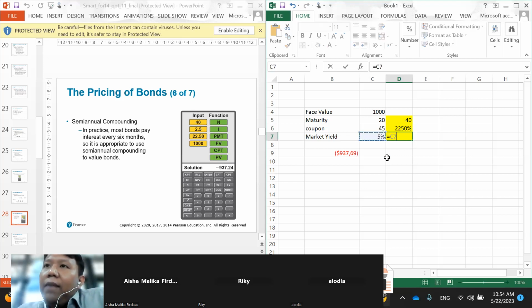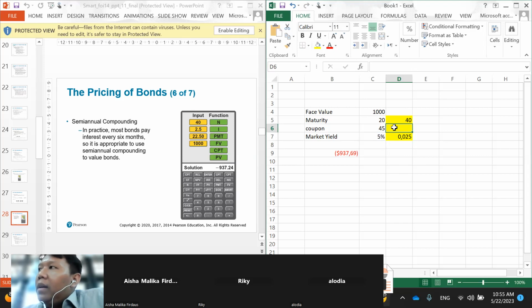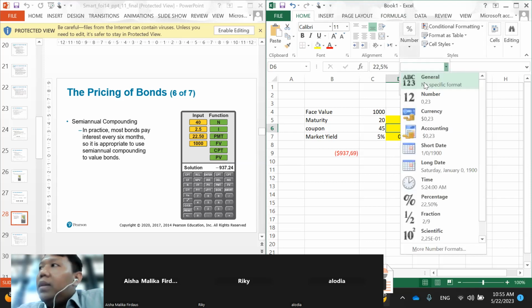It means that we have more coupon payments, because now the coupon is paid twice a year. So the number of coupon payments will be doubled. Let me change this number to general.